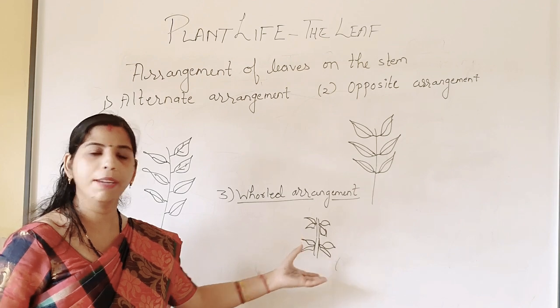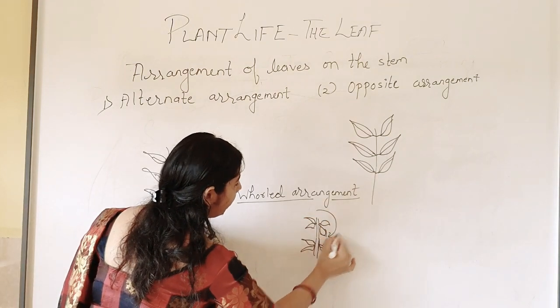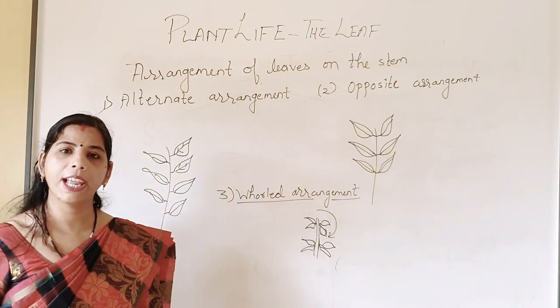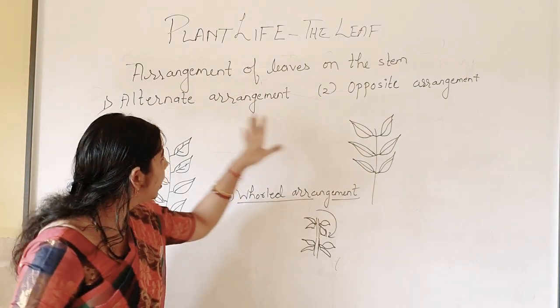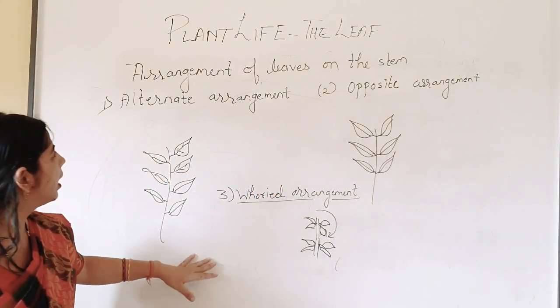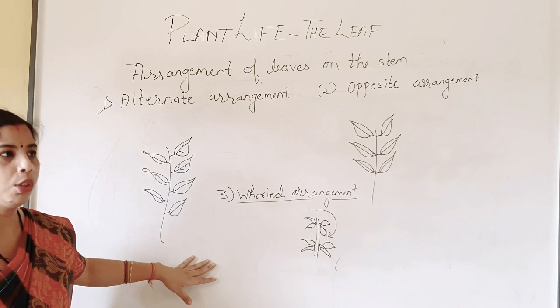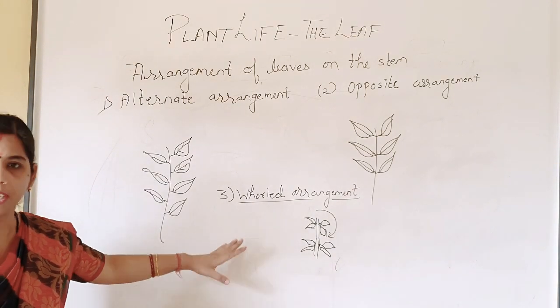They make a circle-like pattern, but they are also not going to overlap each other. So these three types of arrangement are there on the plant through which the leaves are arranged.